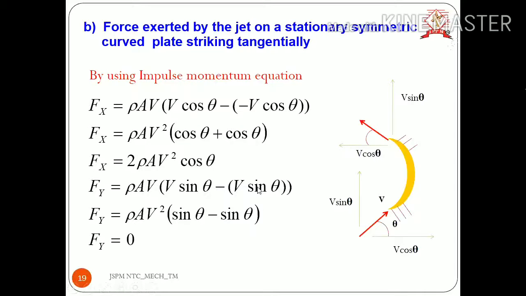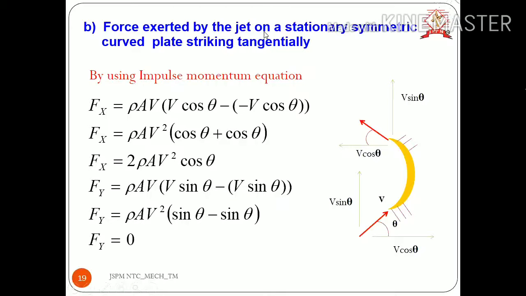Both are vertical, so take it positive. So rho a v square in bracket sin theta minus sin theta, and this bracket value will be 0. So the force in y direction will be 0.